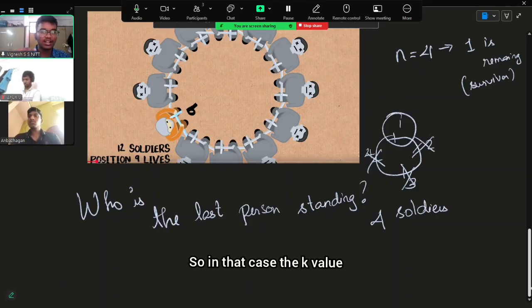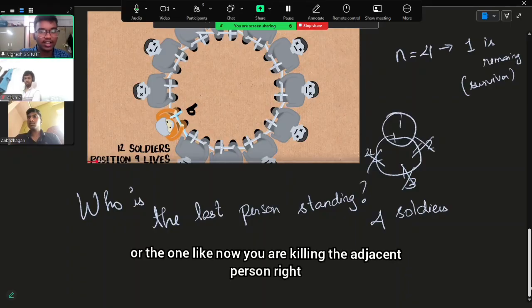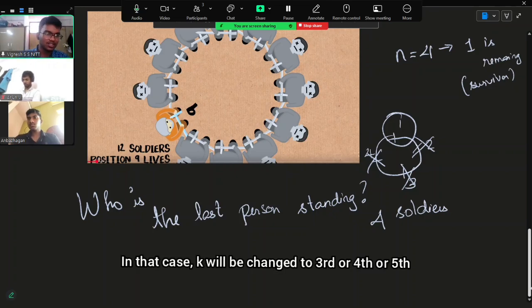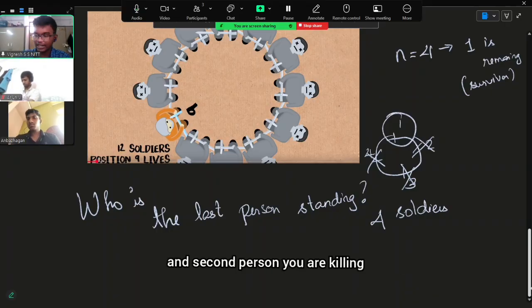So in that case, the k value changes. Now you are killing the adjacent person, right? Let's say that is 2. In that case, k will change to third or fourth or fifth. You are the first, and the second person you are killing. So k is equal to 2 is our case.